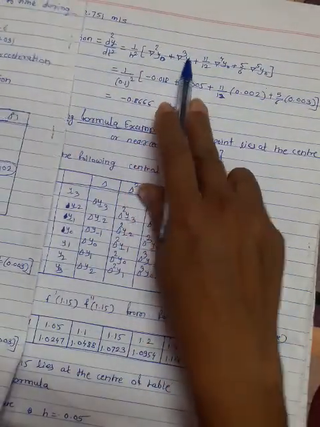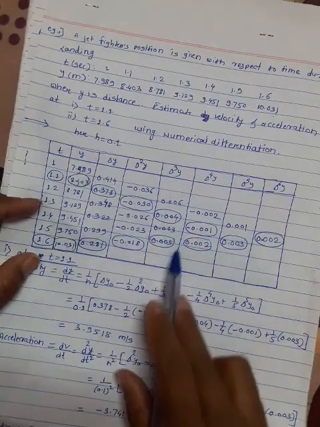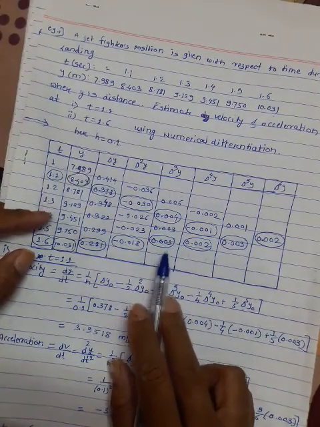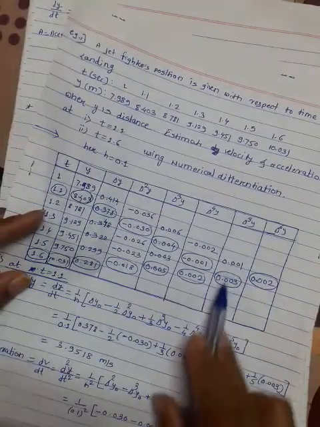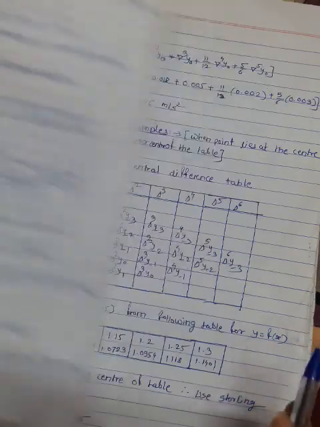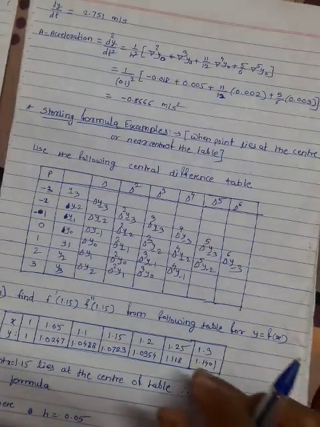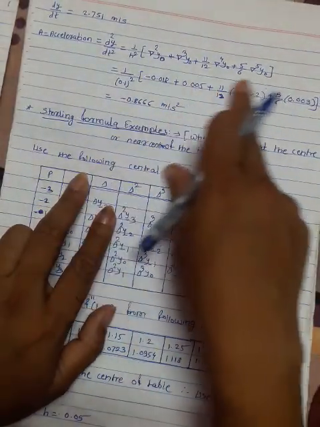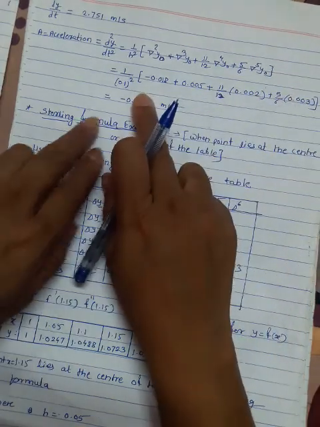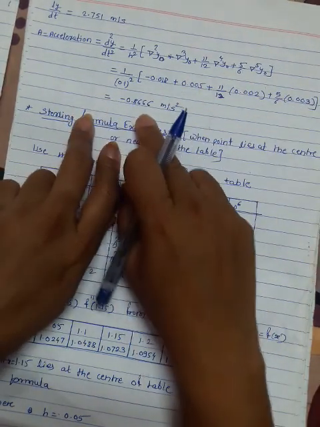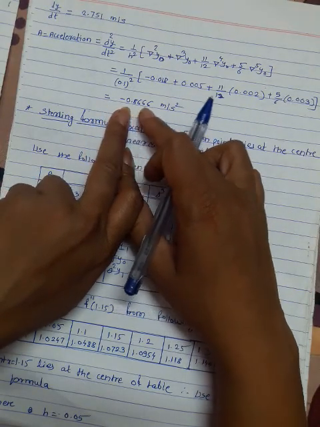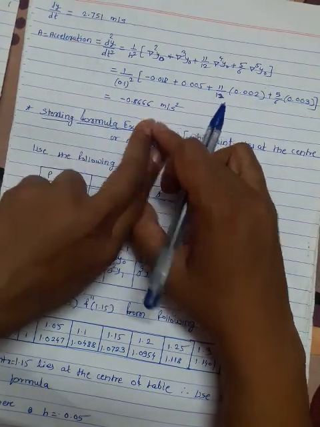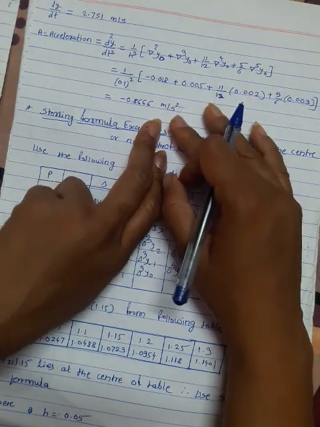Okay, del cube is the last number of the del cube column. Del raised to 4 is this last number. Del raised to 5 is this number. Okay, we don't have more than this, we only have this much of the formula, so put the values over here and calculate all these numbers. We get the answer minus 0.8666. Acceleration unit is meter per second square.